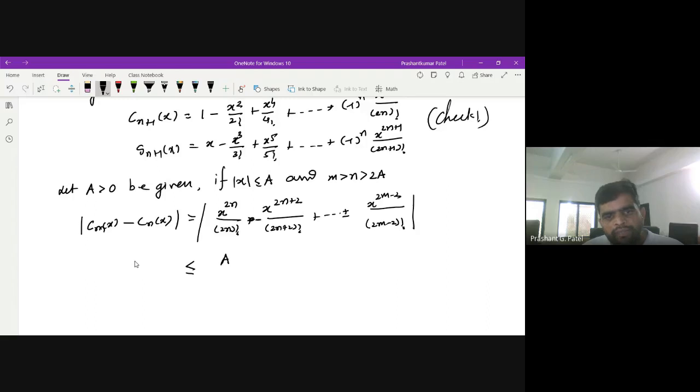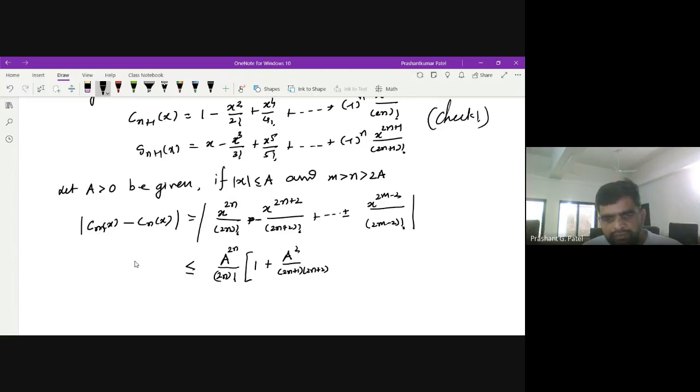If I take A power 2n common, because mode of x is less than or equal to A, everywhere you have A power 2n, A power 2n plus 2, and all the negative signs will become positive. In the denominator, 2n factorial is common. What is left inside is 1 plus A square upon 2n plus 1 into 2n plus 2.